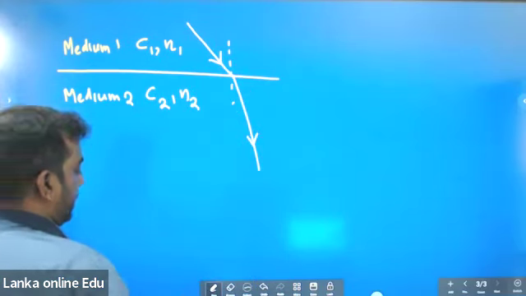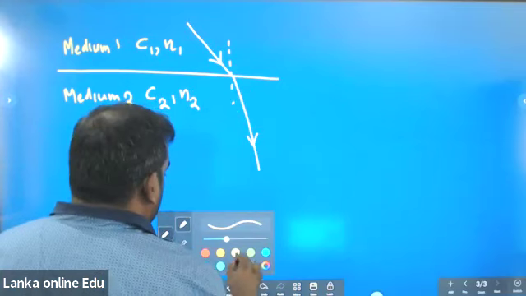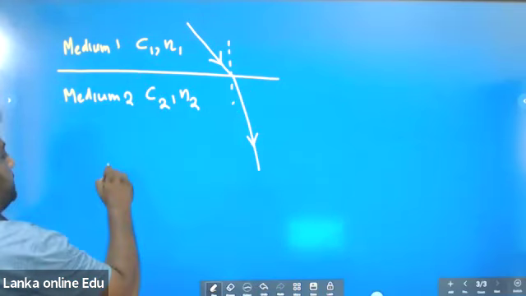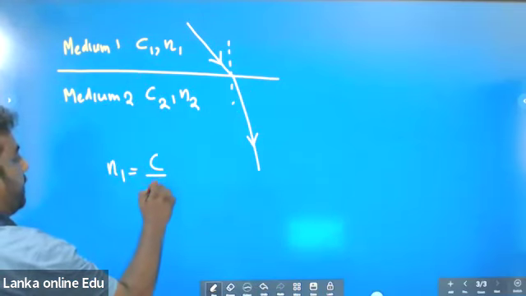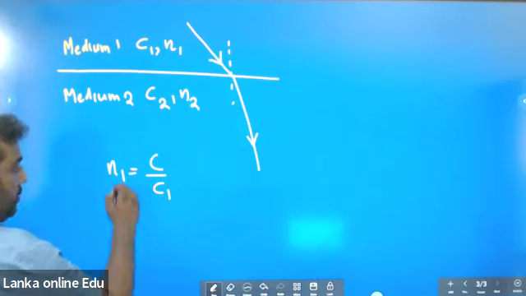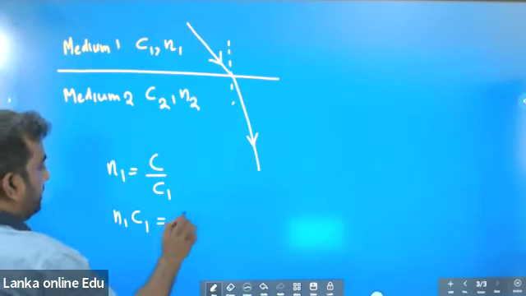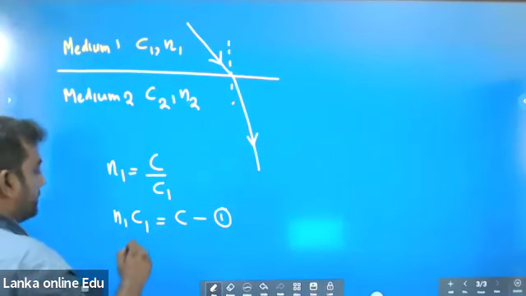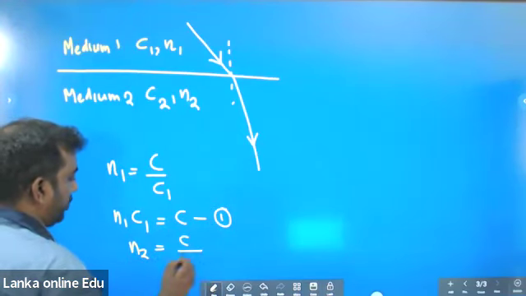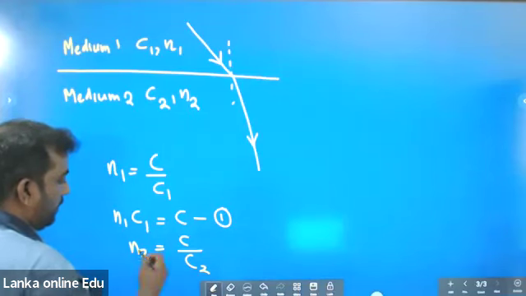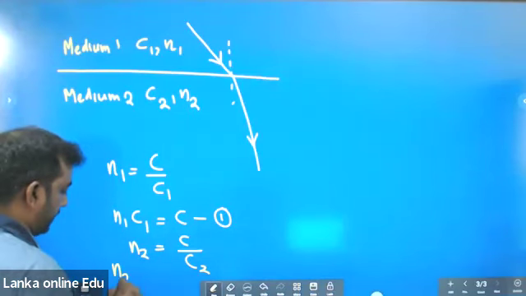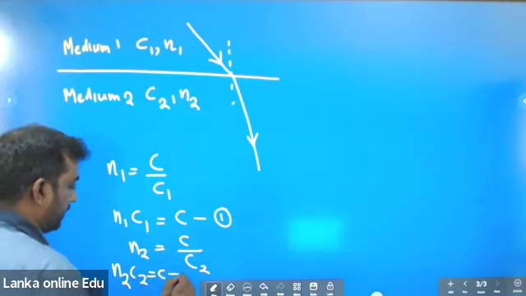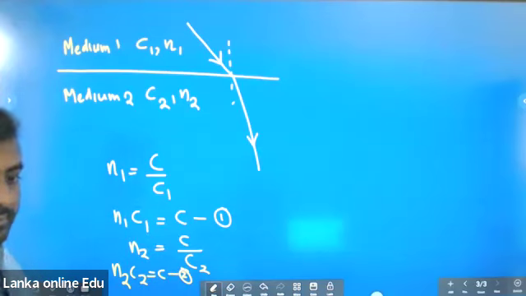Now you can write a relationship here. N1 is equal to C over C1. Cross multiply: N1 C1 is equal to C, equation number 1. N2 is equal to C over C2. Cross multiply, you get N2 C2 is equal to C, equation number 2.